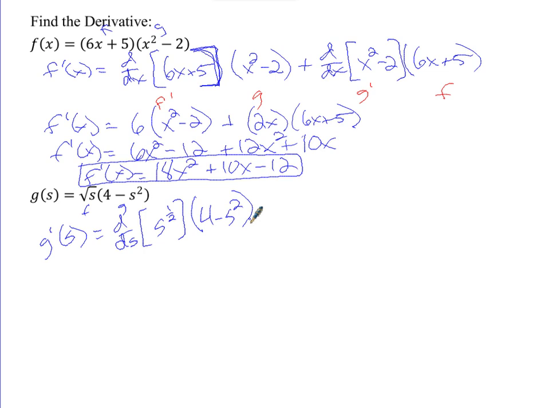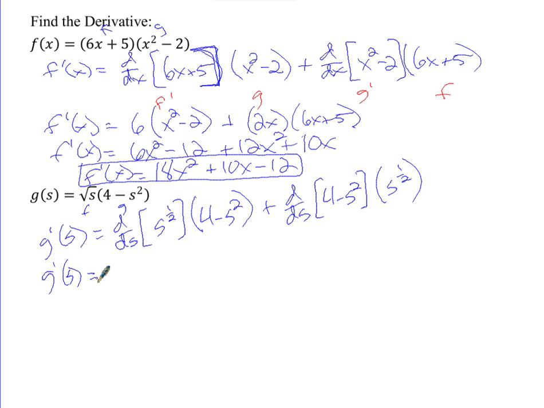Okay? Of... okay? Now what? So g prime of s equals, so the 1/2 comes down, s to the negative 1/2.